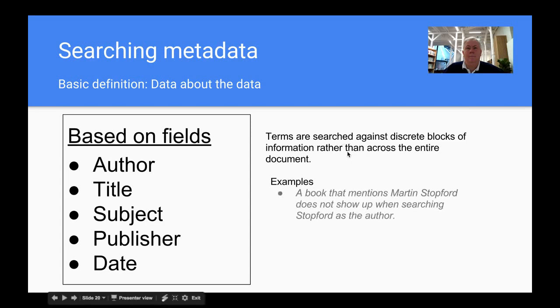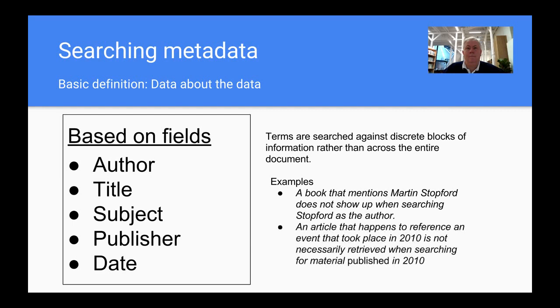So let's say you have an example. You're looking for a book that is by Martin Stopford, and if you just type Martin Stopford, chances are, he's a pretty prolific and famous author, there are documents about Martin Stopford. But if you type that term in the author field, you're only going to get things that were written by Martin Stopford.